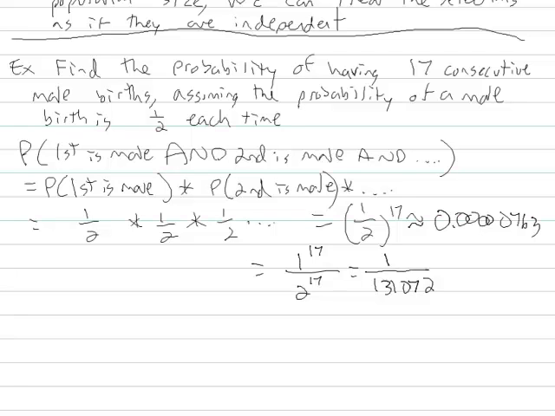It's certainly possible that this could have happened by chance, and it really is 50-50 each time. But the much more likely explanation is that, for whatever reason, my genetics are not producing as many of the male chromosomes as the female, or whatever it is. It's been a while since I took biology, sorry. So there you go. That is the multiplication rule.